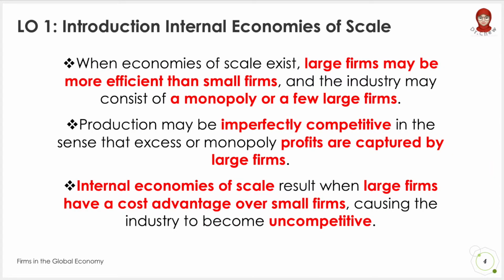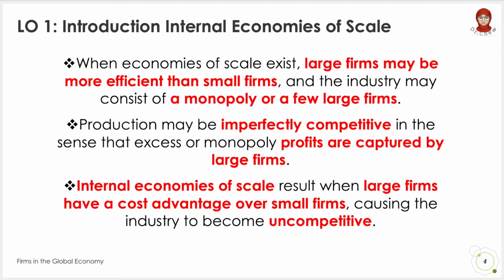When there are economies of scale, however, large firms may have an advantage over small ones, so that markets tend to be dominated by one firm or, more often, by a few firms.